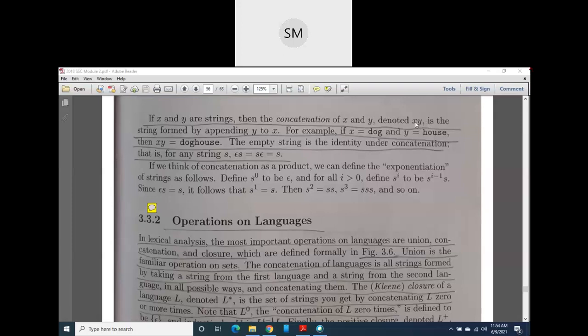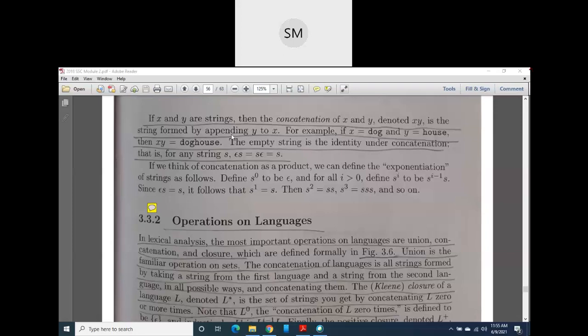y is appended to x. That is xy. We are just writing strings one after another without any intermediate symbols. Then it is a concatenation. There is no plus, no dot, no star, just simply xy. That is concatenation of two strings.